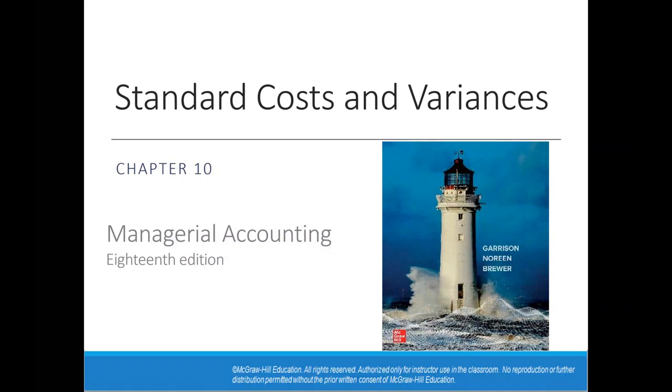All right, we're moving on to chapter 10, and chapter 10 is standard cost and variances. There are going to be some similarities to the last chapter. In the last chapter, we had a flexible budget, and that was, okay, based on this volume, what should our revenue and cost be?